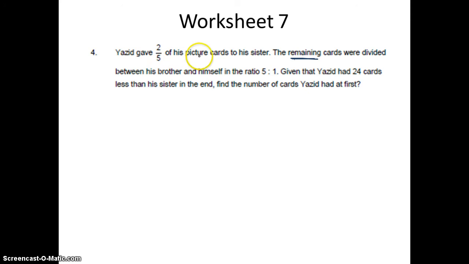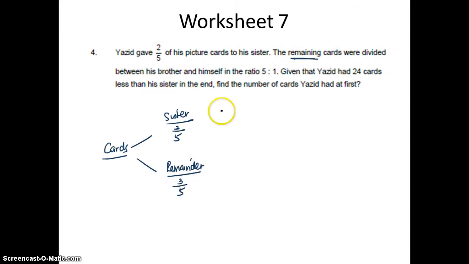Yazid gave 2/5 of his cards to his sister. First, we know Yazid has some cards. He gave to the sister 2/5, and he would have his remainder of 3/5. Remaining cards were divided between his brother and himself.